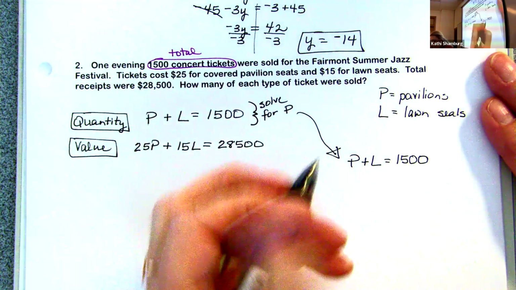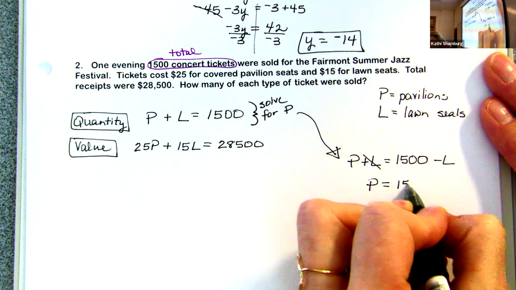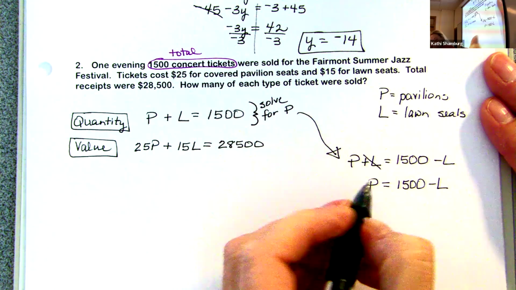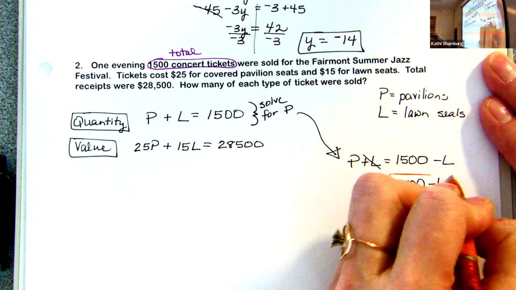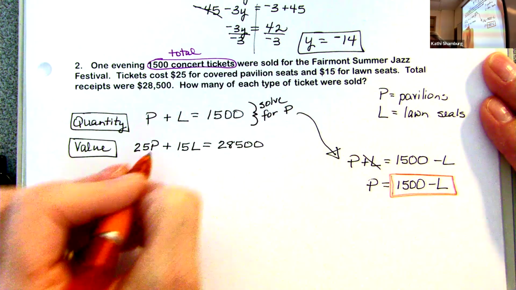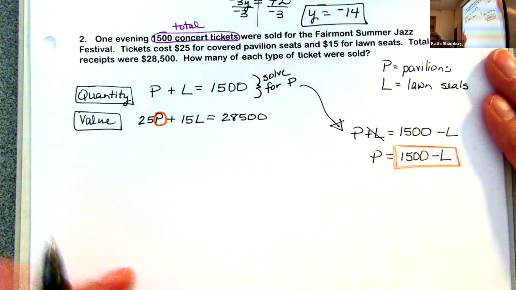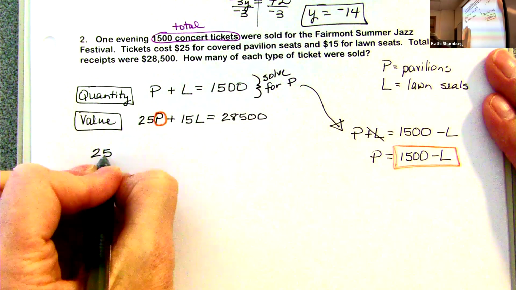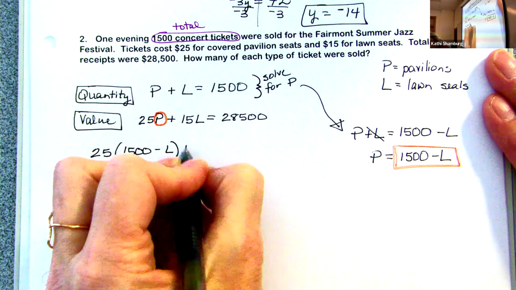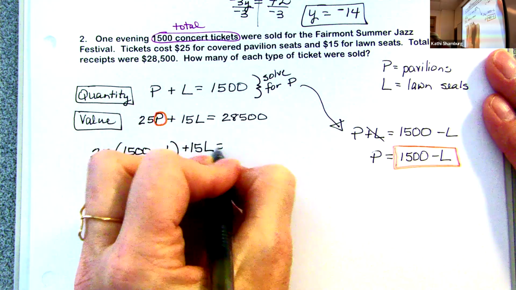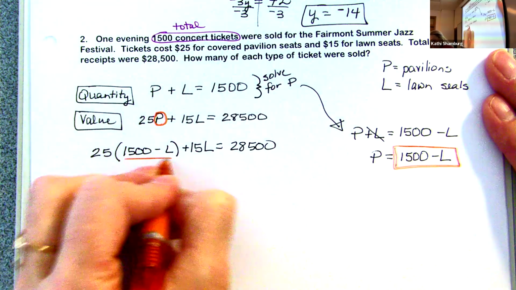If I want P by itself, subtract L. So we're going to take this that is equivalent to P and put it in here. So we would have 25 times 1,500 minus L plus 15L equals 28,500. Because again, this is the same thing as P.